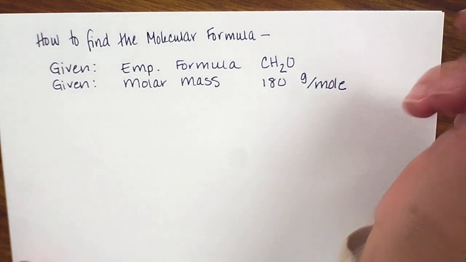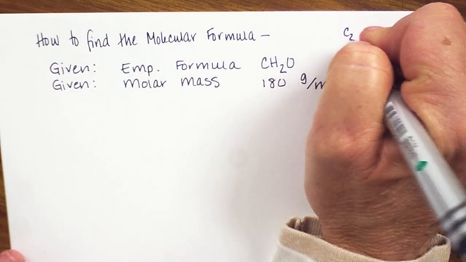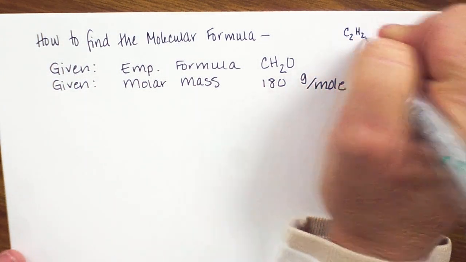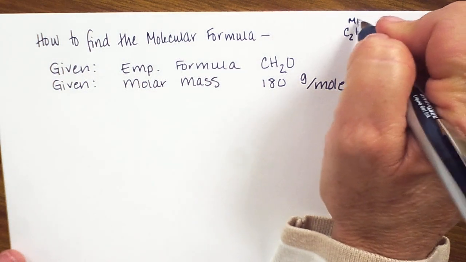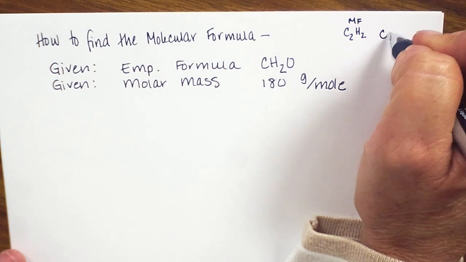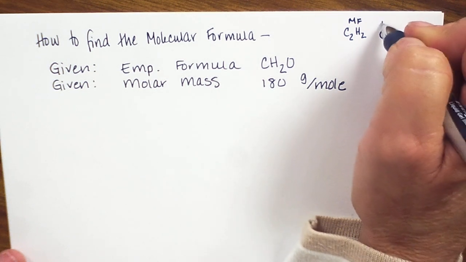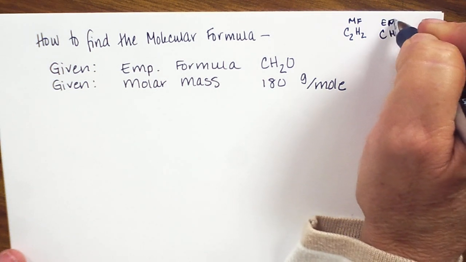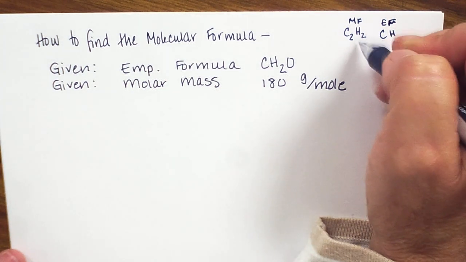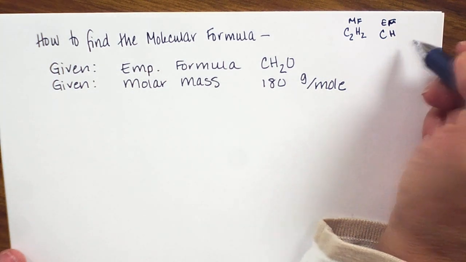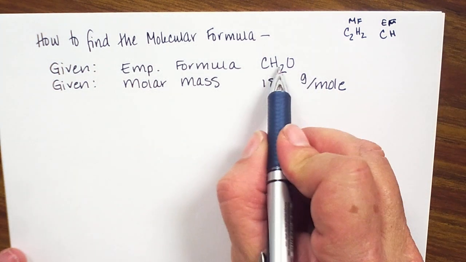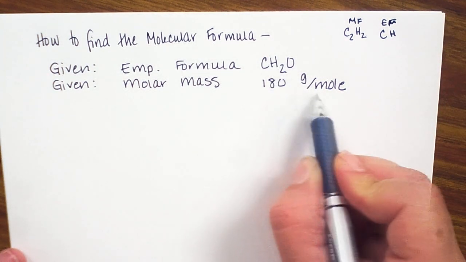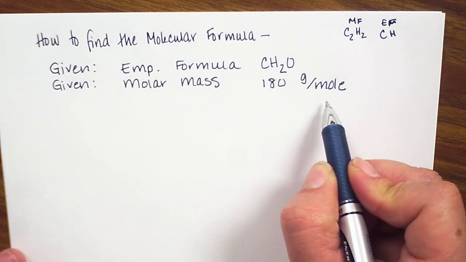So for example, if this is my molecular formula, then my empirical formula would be this. So my molecular formula is the actual, and my empirical formula is the reduced. All right, so this is my empirical formula, but my molar mass is 180.